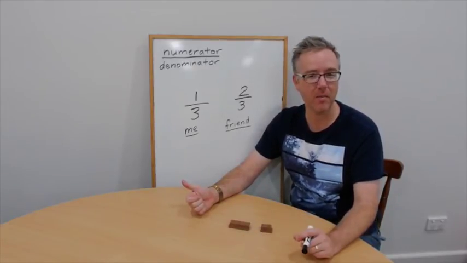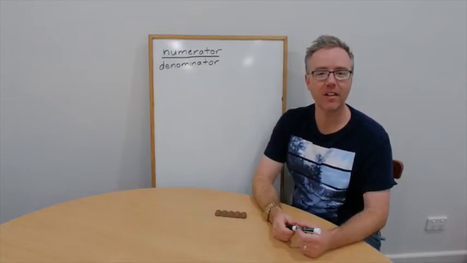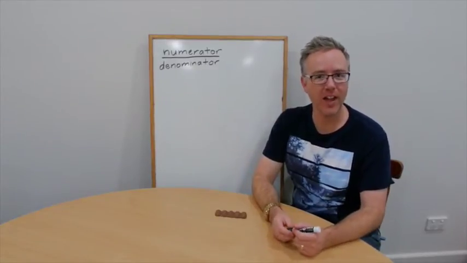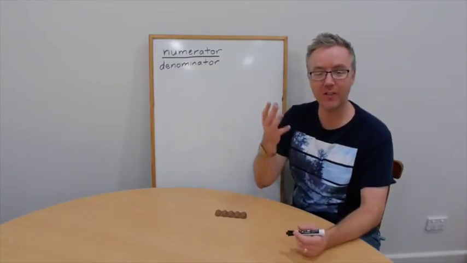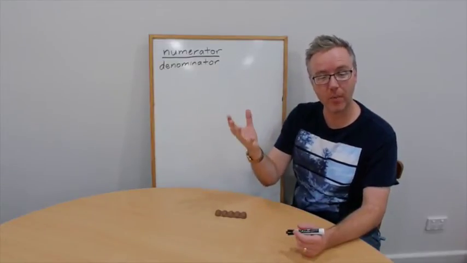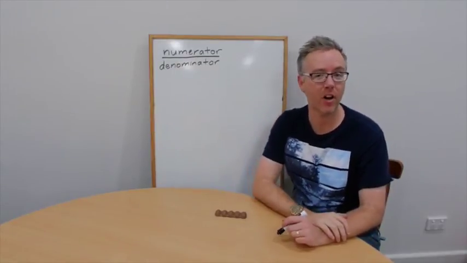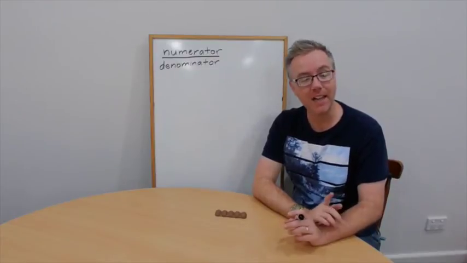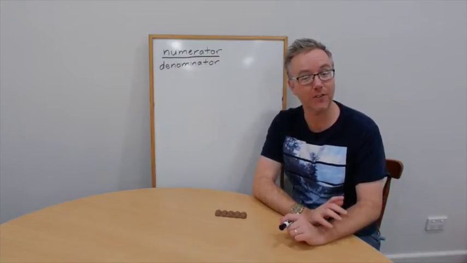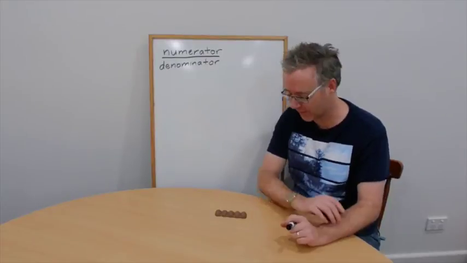Let's now have a look at maybe fifths. So we've looked at quarters and we've looked at thirds. We've looked at a whole divided into 4 parts and a whole divided into 3 parts. Now let's look at a whole divided into 5 equal parts, or fifths.